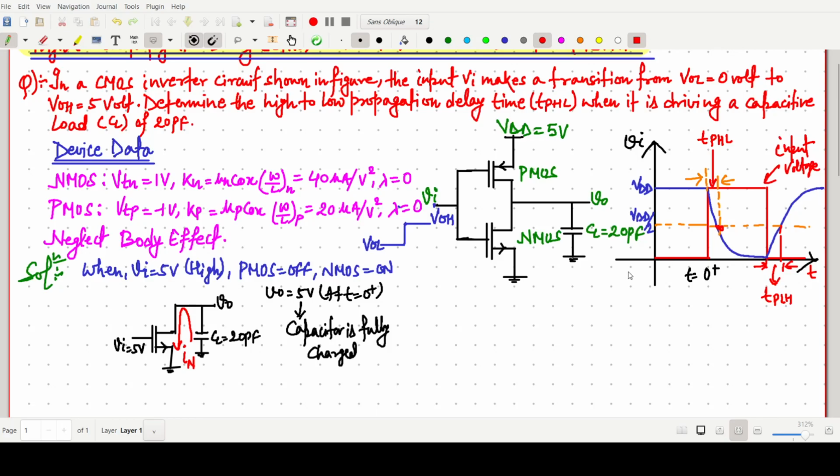Okay, so now one more thing, if we draw how the current varies in this case, say writing IN and say V naught. Okay, so initially for V naught equals to 5 volt, it gives the maximum current. So I am saying at point say VDD, it has some maximum current, and then after V naught goes down and discharges, and then the capacitor current goes somehow to zero.